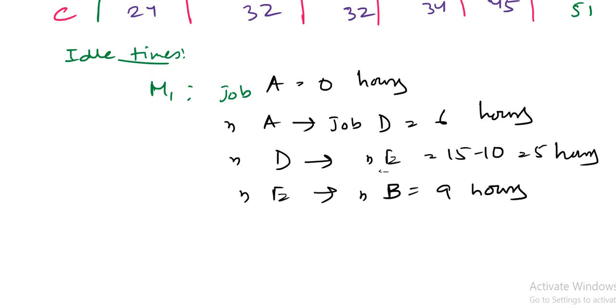Job B to C, 34 minus 24, that is 8 hours. So the total idle time for M1 is 0 plus 6 plus 5 plus 9 plus 8, that is 28 hours.